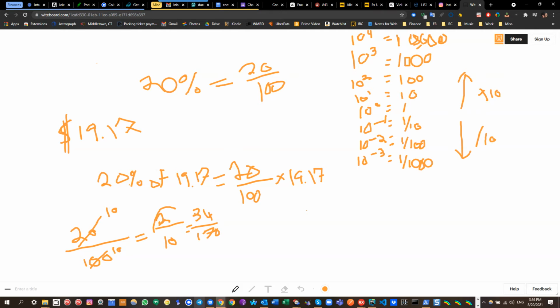And I like it being in this form because dividing and multiplying by 10 works well with our base 10 number system, because as I multiply by 10, I go up in exponent, and as I divide by 10, I go down in exponent.